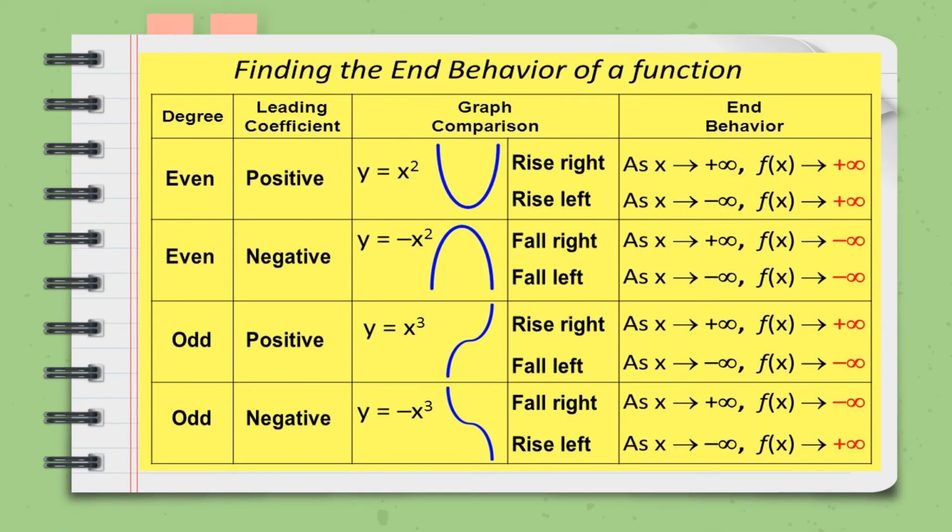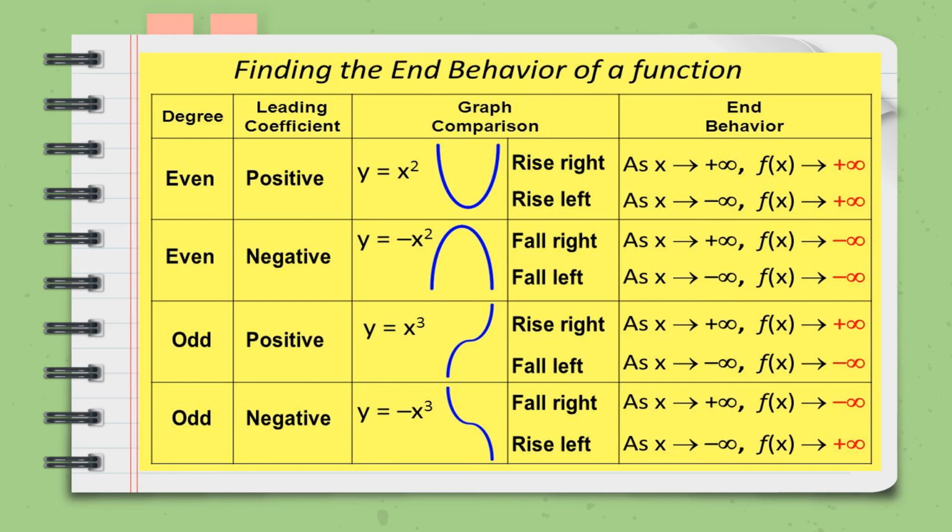This is an illustration of how to find the end behavior of a function. Based on the table, you can identify the graph from the leading coefficient and the kind of behavior. For example, the given is y equals x squared. What is the sign of the leading coefficient? That is positive.